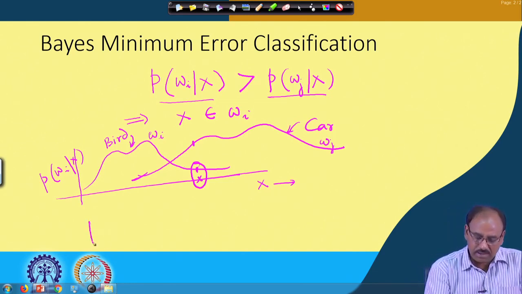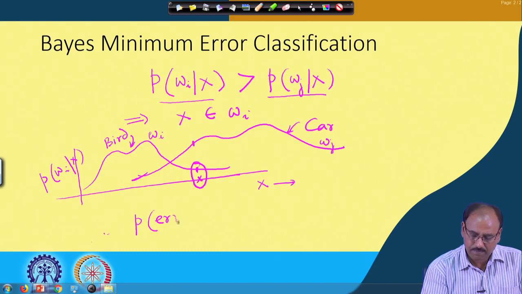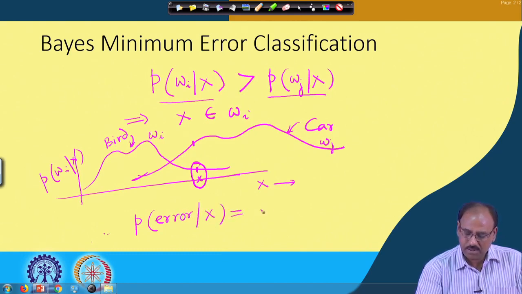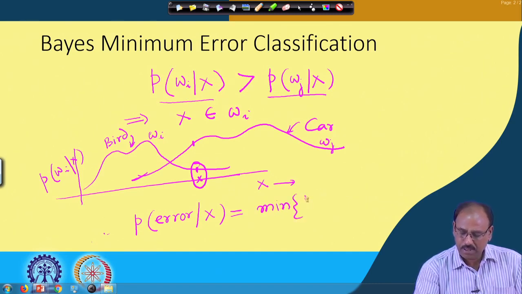The probability of error is nothing but the minimum of the two. So, P of error given x is nothing but the minimum of P of omega i given x and P of omega j given x.